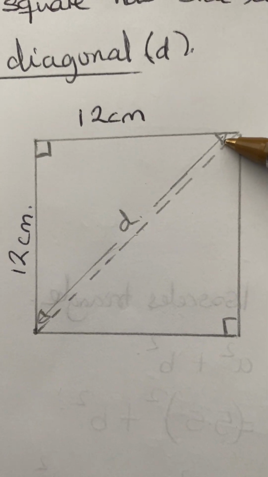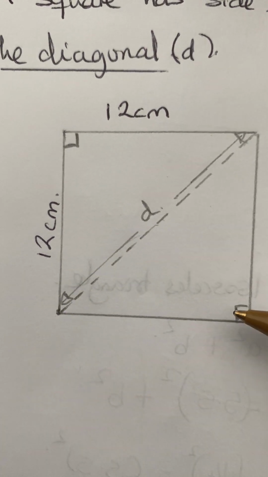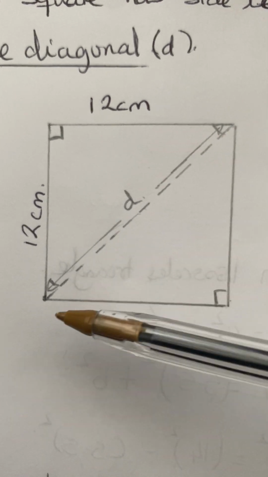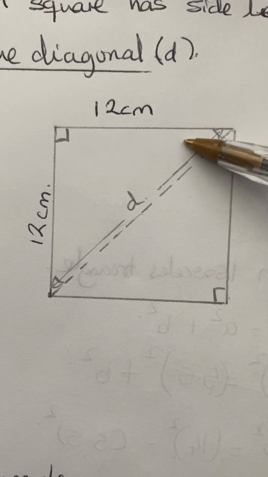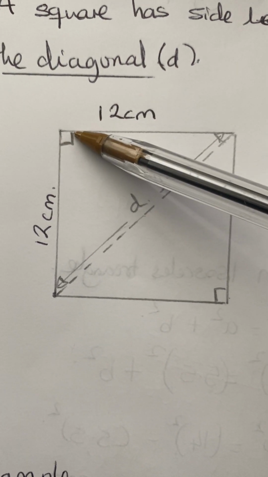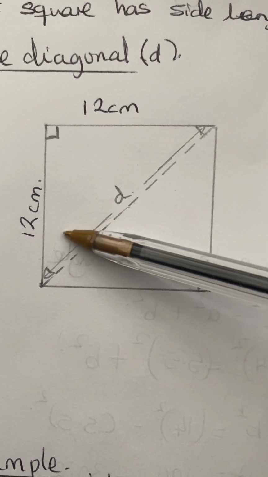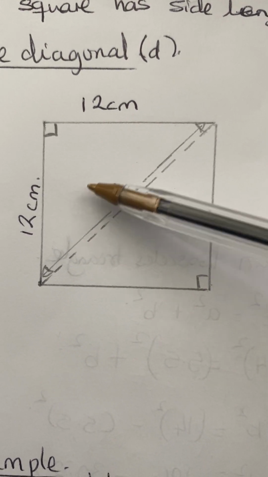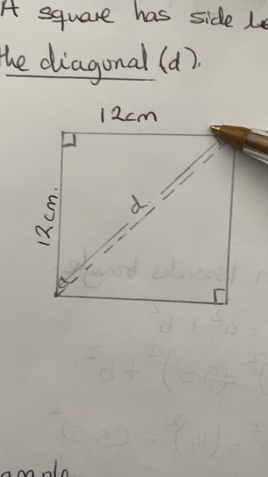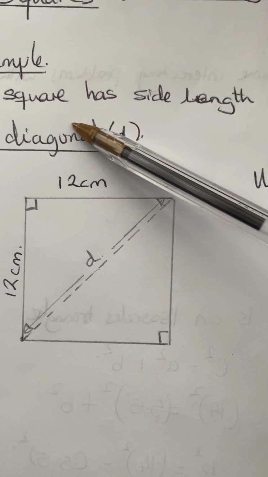A square has equal sides. The corners of a square are 90 degrees. From here to here is the diagonal. So because of this right angle triangle, you could apply Pythagoras to one side of the square to find the side you want.